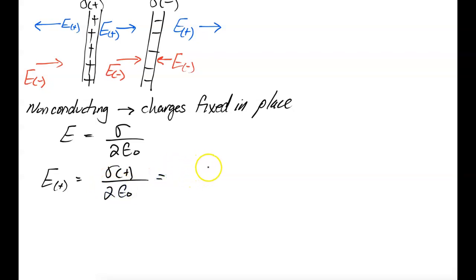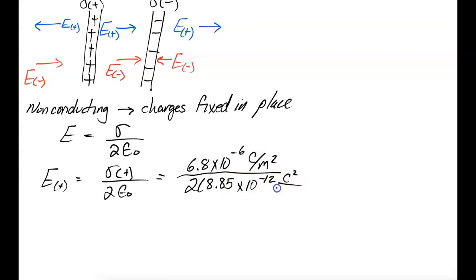Sigma plus is given as 6.8 times 10 to the minus 6 coulomb per meter squared, all over 2 times epsilon naught, which is 8.85 times 10 to the negative 12 coulomb squared per Newton meter squared. We do this and we get about 3.84 times 10 to the 5th Newton per coulomb.